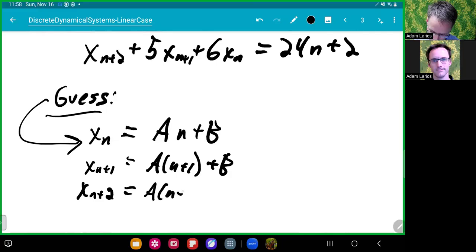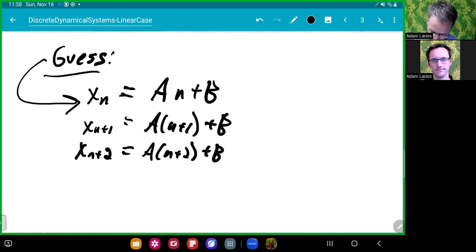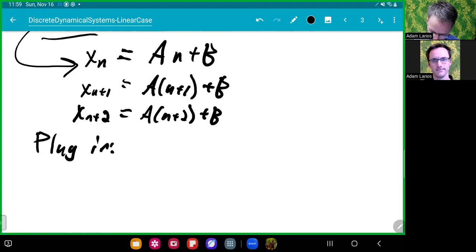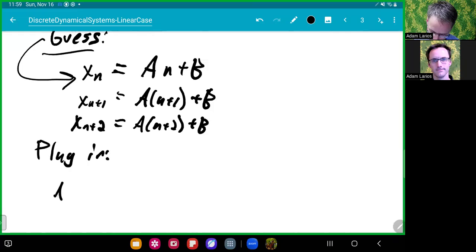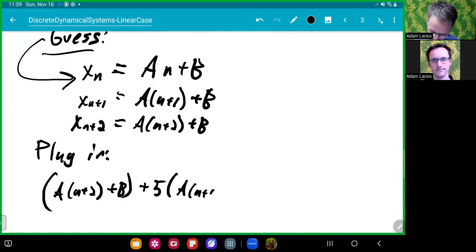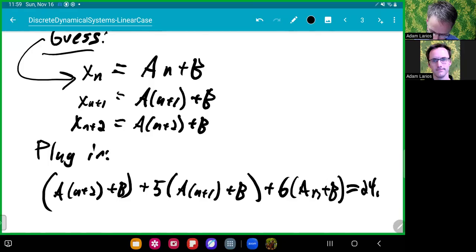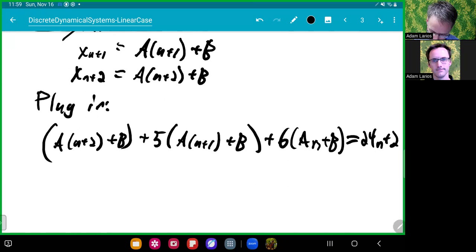Then we'll plug in to get our x_{n+2}, which is a times (n+2) + b, plus 5 times (a(n+1) + b), plus 6 times (an + b), and that's supposed to equal 24n + 2. By the way, this is sometimes called the method of undetermined coefficients, both here and in the setting with differential equations.